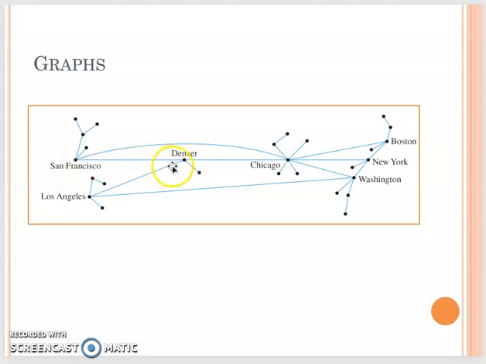Here I can go to Chicago, but when I reach Denver, Denver also goes to Chicago. So on the other hand, we also need to mark whether a city has already been visited, and I should not visit it again.